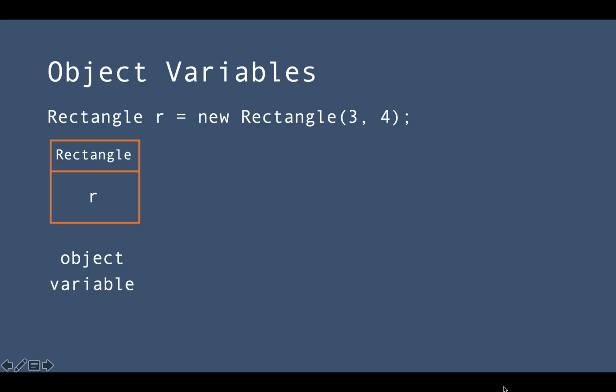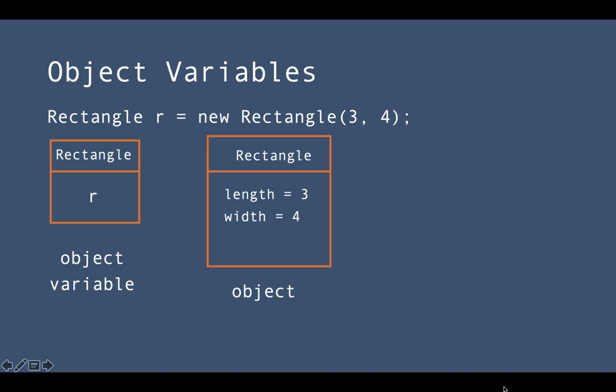On the right-hand side, we have the command equals new Rectangle. We should know that the new reserved word indicates that we're going to call a constructor. In this case, it's a parameterized constructor. It's going to construct a rectangle with the values of 3 and 4. And here, we're actually creating the object itself, right? So on the left-hand side, object variable.